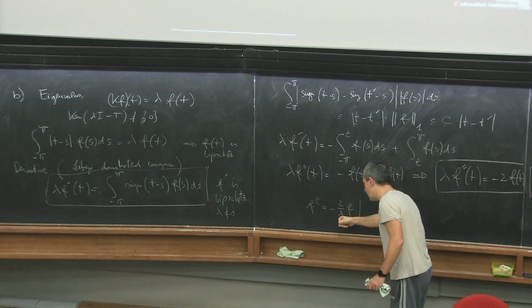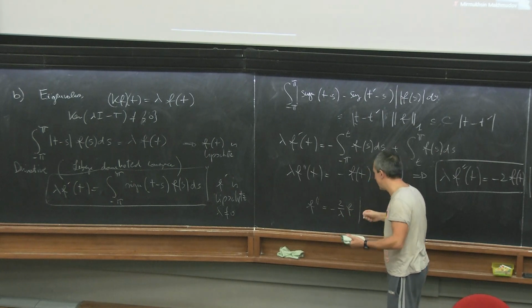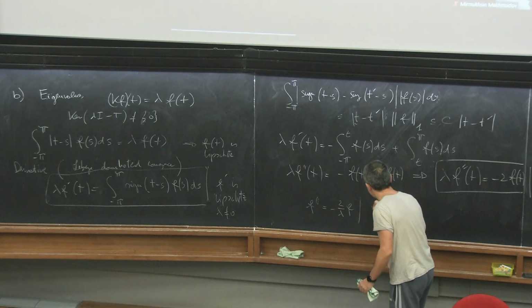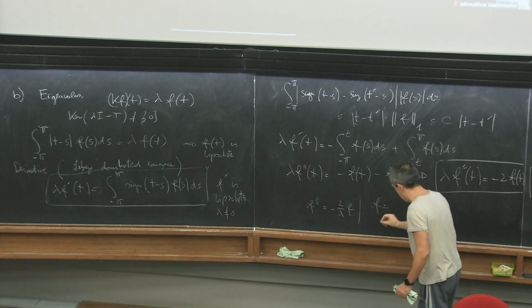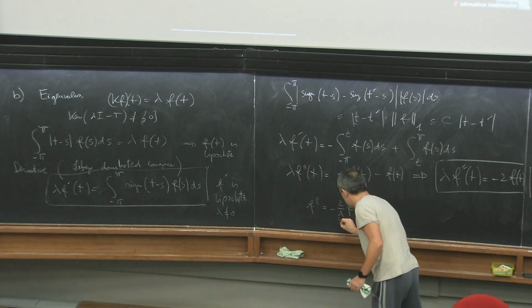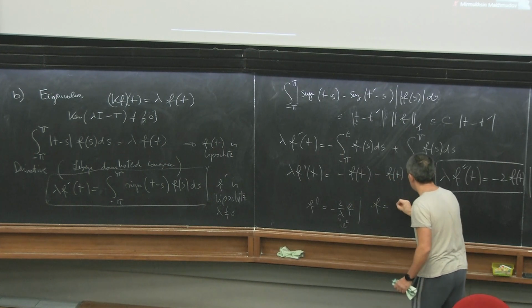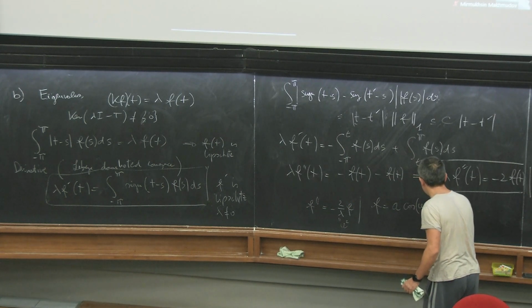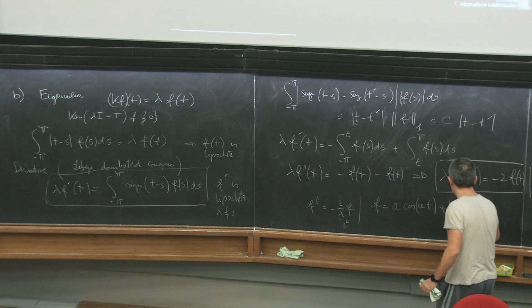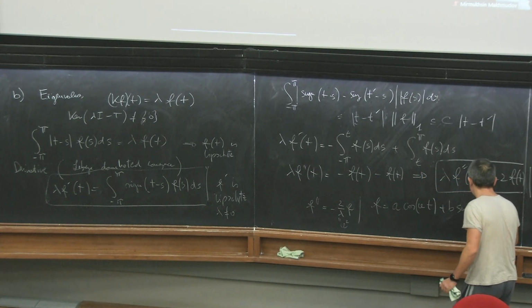Because if I don't know that this is positive, I have two solutions. Let's do the other one. F is equal to, let's say this guy is omega squared, so it's a cosine of omega t plus b sine of omega t.